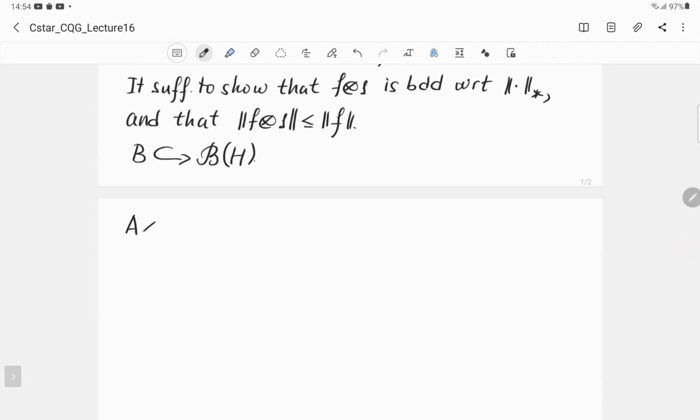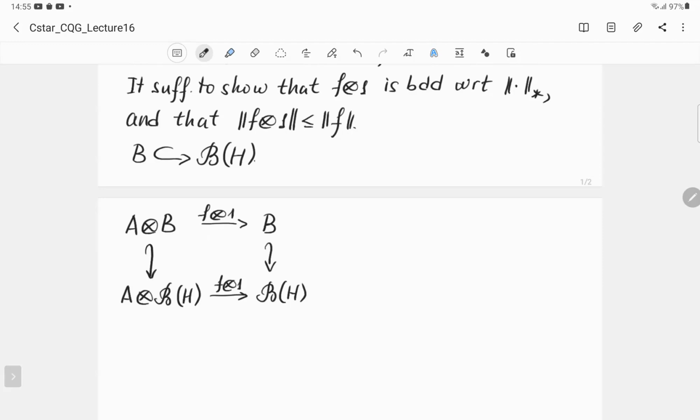So this is our slice map, f tensor 1. B is isometrically embedded into B of H. And we have a similar map on the algebraic tensor product of A and B of H, f tensor 1. And we have an inclusion here.